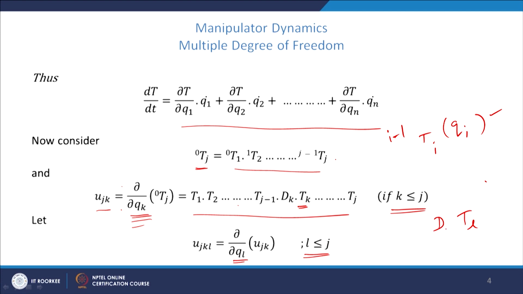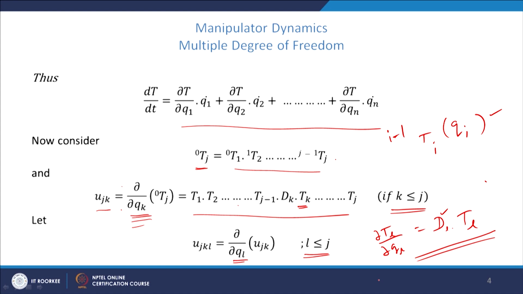The derivative will be Dl into Tl, that is del Tl by del ql. Depending on whether it is revolute or prismatic, this matrix D can be selected and substituted.